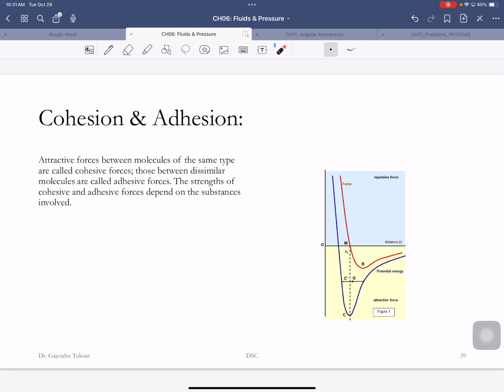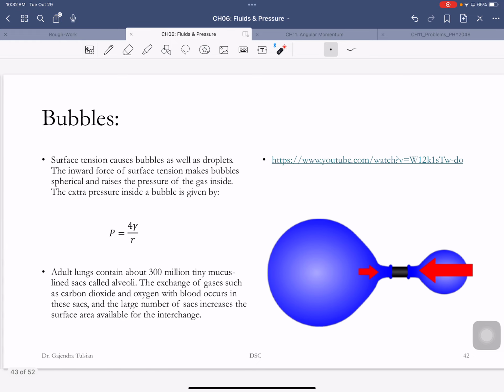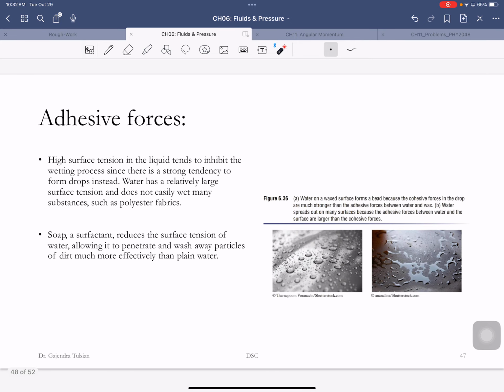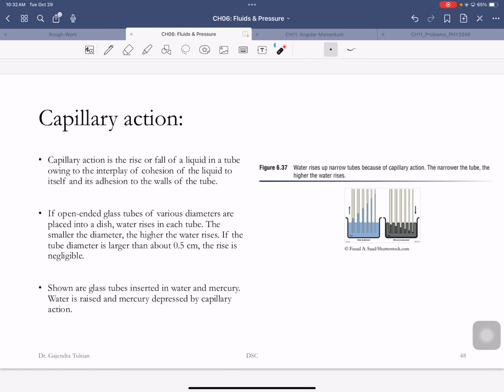For instance, here this shows you mercury in capillary tubes, and this is water in capillary tubes. Water is attracted to glass.